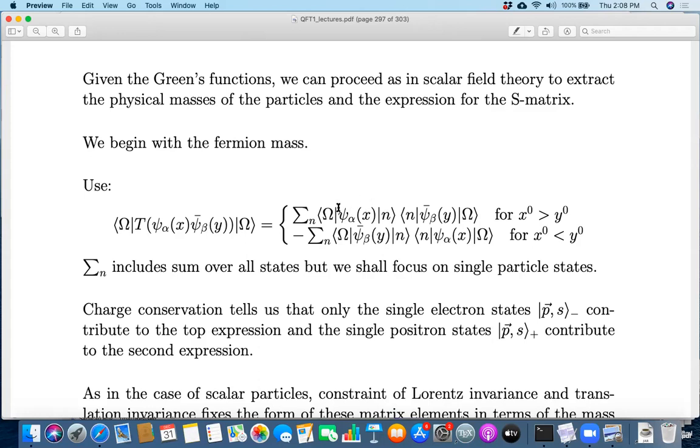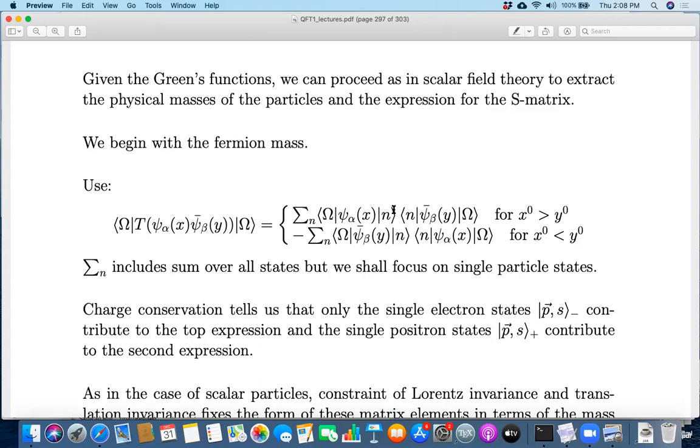So that basically says that psi alpha carries positive charge, because it either annihilates an electron or creates a positron. And the vacuum of course carries zero charge. So in order for this matrix element to be non-zero, this n must carry charge minus c.